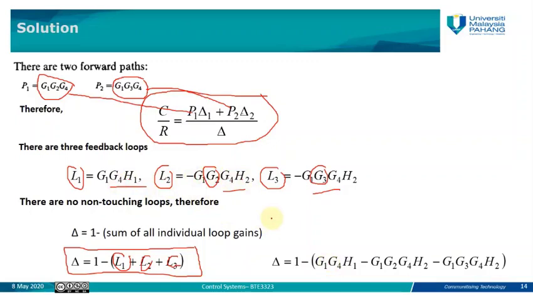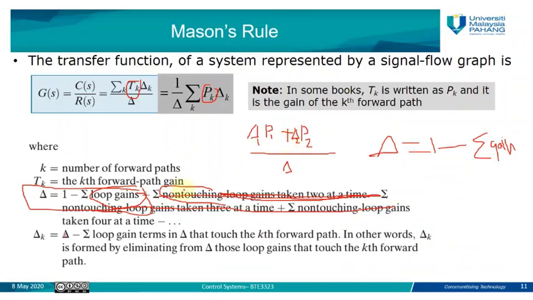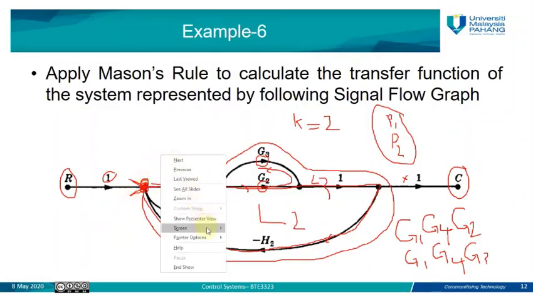Now, we already know the value of delta. We still need to find delta 1 and delta 2. How do we find them? Based on the formula, we take the value of delta, then eliminate the loops which touch the case forward path.